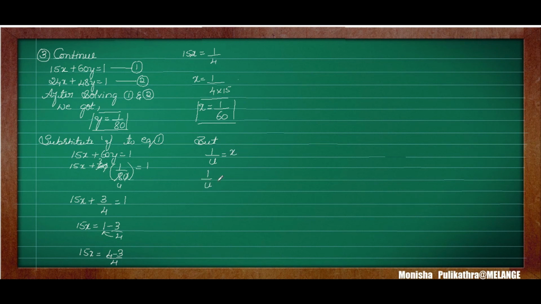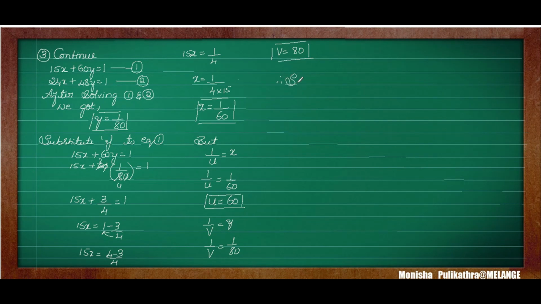So 1 by u is equal to x, which is 1 by 60. When we take the reciprocal, u will become 60 here. And then 1 by v is equal to y. The value of y is 1 by 80. So when we take the reciprocal, v is equal to 80.